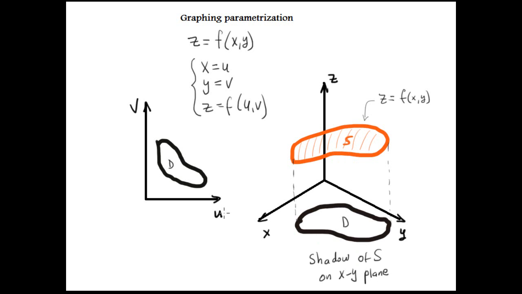In this case, actually, this is X and this is Y. The domain for this parameterization is this region, because X and Y are the parameters, right? Therefore, the domain is the shadow of S on the XY plane.